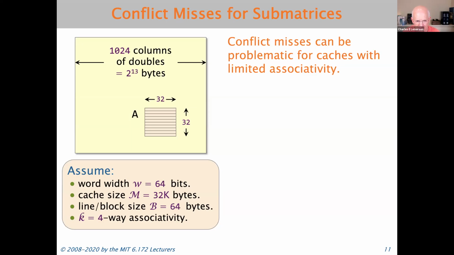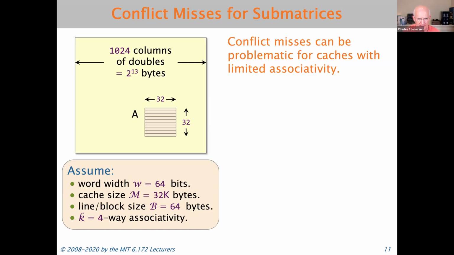Kibibyte, by the way, I think you probably know, is 1024, rather than kilobytes, which is a decimal thousand. Once again, I often say kilobytes when I actually mean kibibytes, but anyway, I'm trying to mend my evil ways. So if the program accesses this submatrix repeatedly, then you'd expect that it would stay resident in the cache.